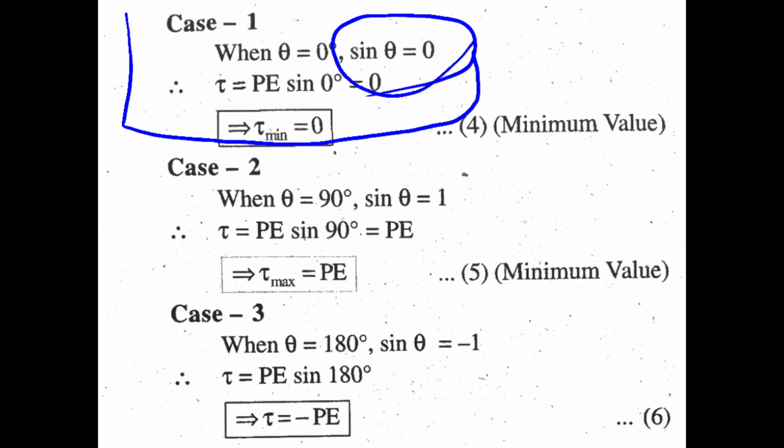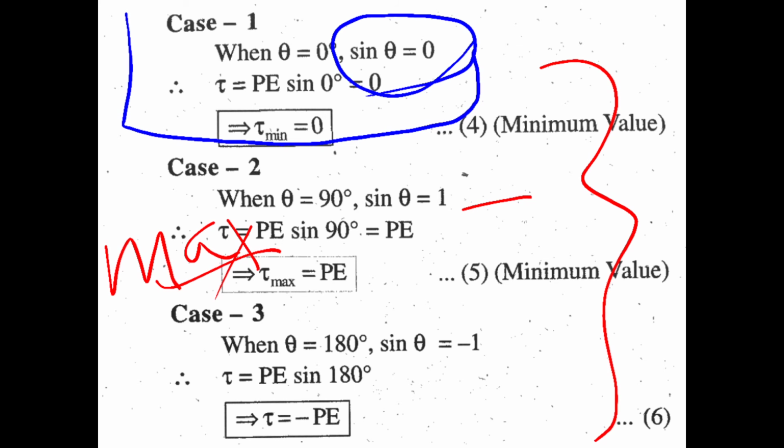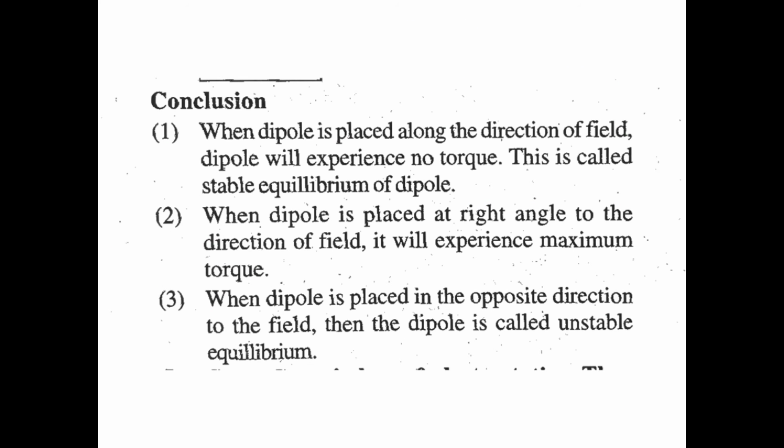If theta is equal to 90 degrees, sin theta is equal to 1, so torque becomes P E, which is maximum. And when theta is equal to 180, sin theta is equal to 0 and torque is 0. These are the maximum and minimum values of torque.